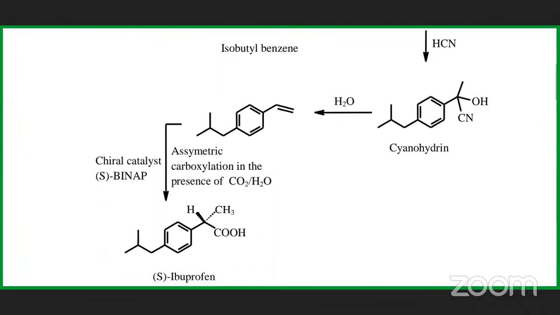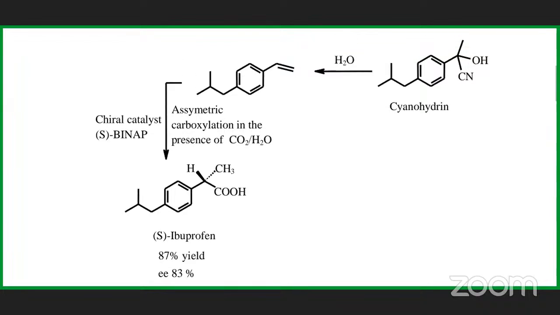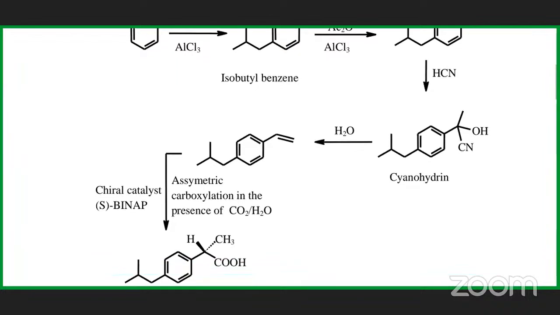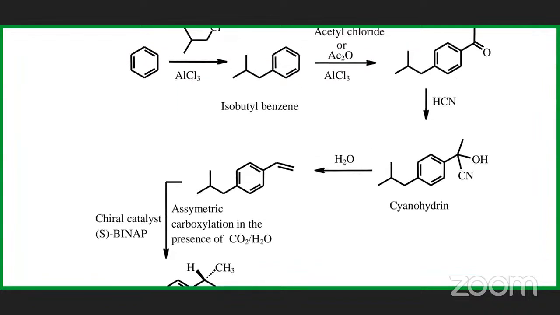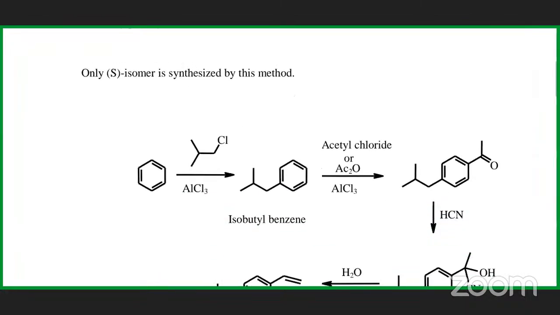And you know that this chiral catalyst is very highly expensive, but you will get more yield. The only advantage of using this chiral catalyst is that we get more yield here. In the above case we get the yield, but a lower yield. So that is the advantage of this chiral synthesis.